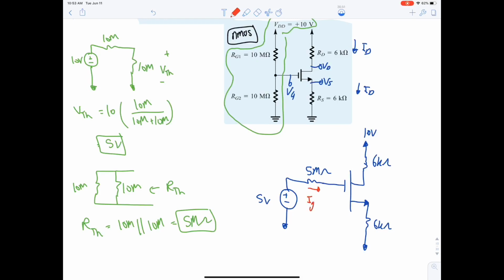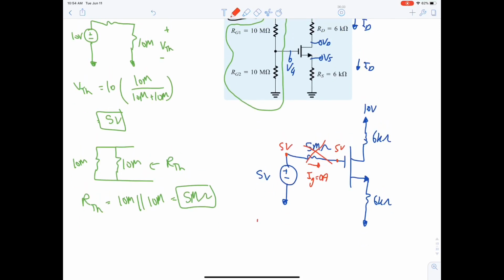Okay, now what is the current across IG? IG is equal to 0 ampere. So is there a need for the resistance? No, it's useless. So if this is 5 volt, then this is 5 volt. Hence VG is equal to 5 volt. That's why I'm telling you there's no need to calculate R Thevenin.